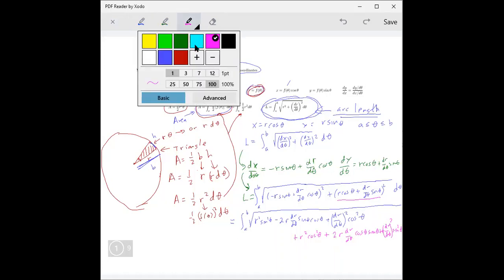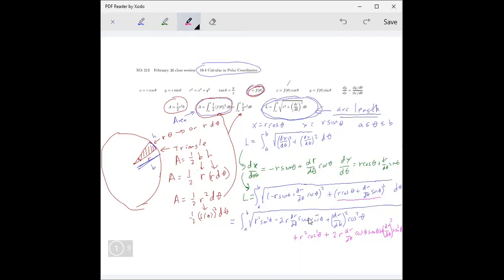So what happens at this point is this term and this term will cancel because they're just negatives of each other. The sine and the cosine are just reversed. And then also, if you look at this one and this one, that is equal to r squared times sine squared plus cosine squared, right?